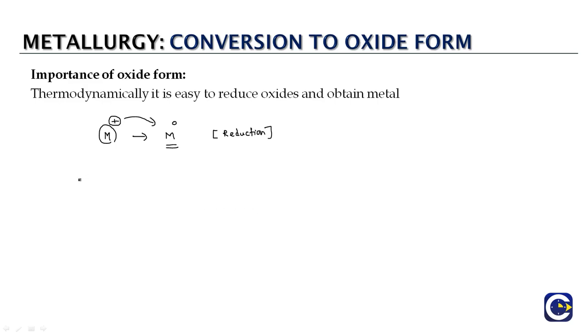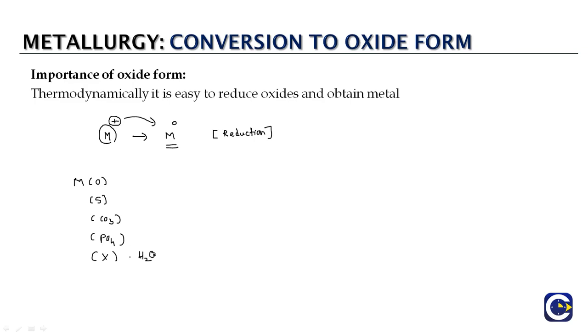The metal in the combined form may be in the oxide form, the sulfide form, the carbonate form, the phosphate form, or even the halide form, where X can represent chlorine, fluorine, bromine, and sometimes the compounds might even have water molecules, which is the water of crystallization.